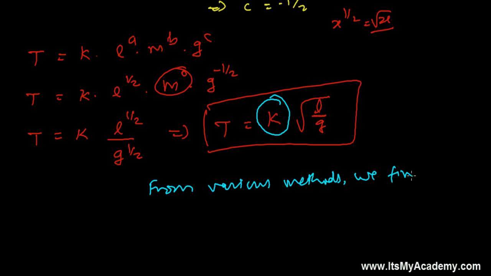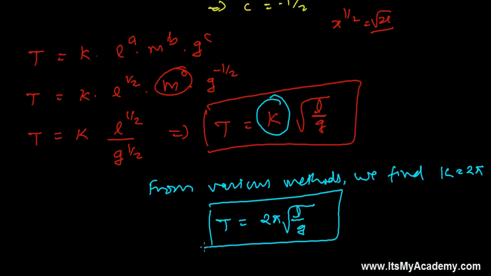So our equation is now T equals 2 pi root of L over g. This is the time period of a simple pendulum, and this is how it is related to the physical quantities L and g. That was our main destination, deriving the relation.